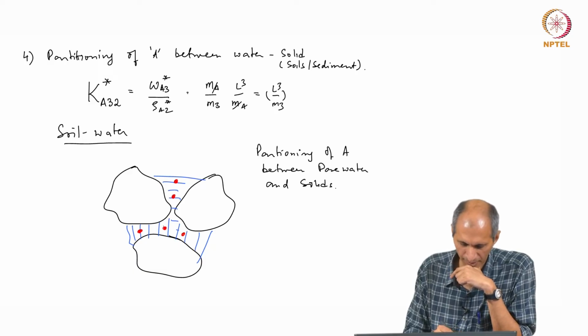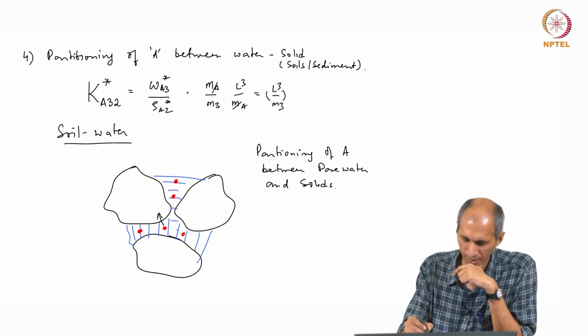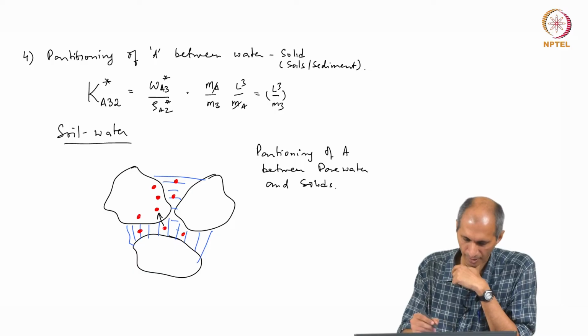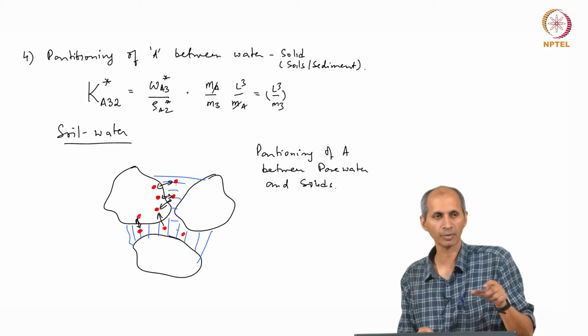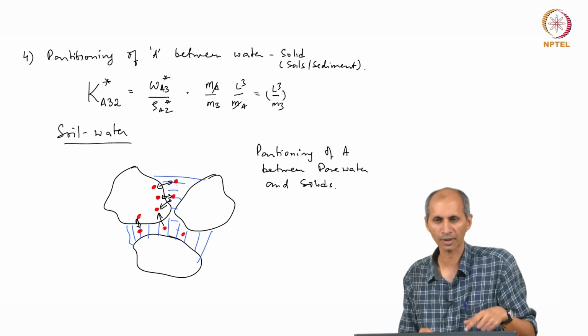So it is equilibrating between this point. There are other solids sitting here on the surface somewhere, and there is exchange between the chemical in the pore water and this.